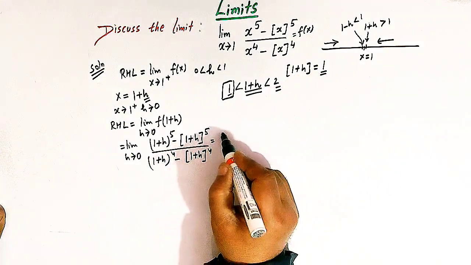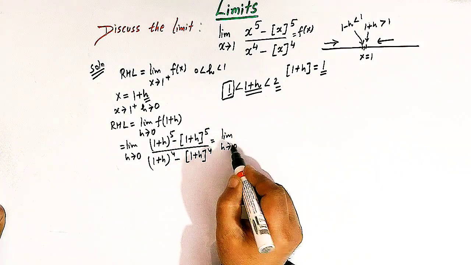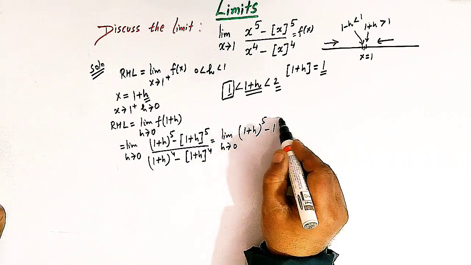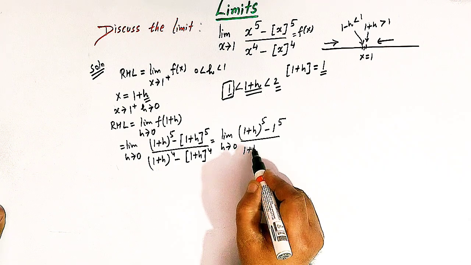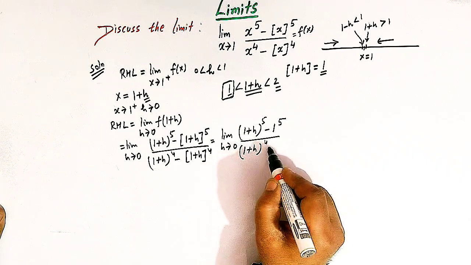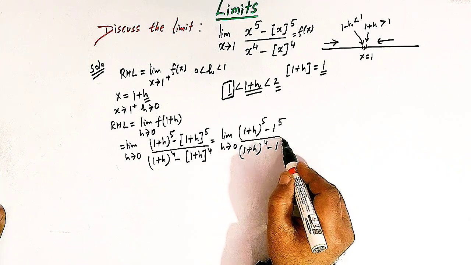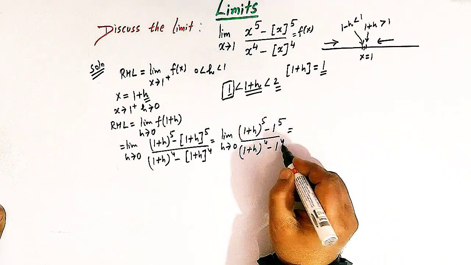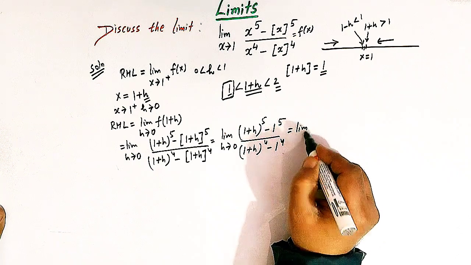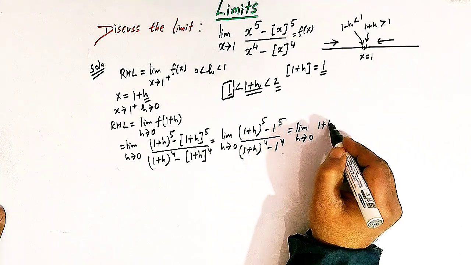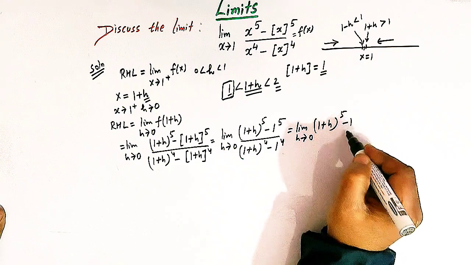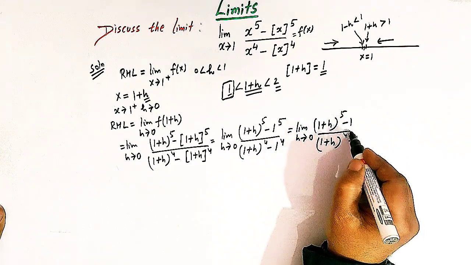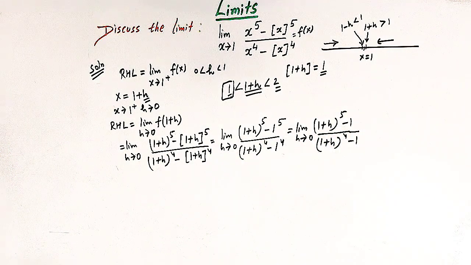So now the greatest integer of 1 plus h may be replaced by 1. Here we have limit h tends to 0 of 1 plus h raised to 5 minus 1 raised to 5, divided by 1 plus h raised to 4 minus 1 raised to 4, and 1 raised to 4 is 1. So we have limit h tends to 0 of 1 plus h raised to 5 minus 1, divided by 1 plus h raised to 4 minus 1.